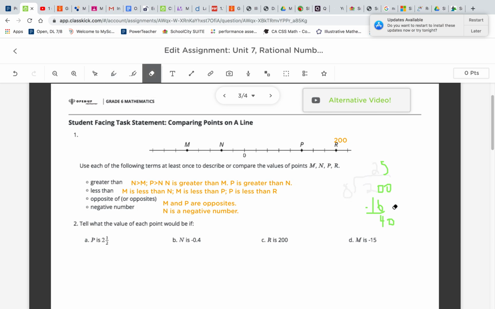So we keep that in mind. If each one's worth 25, we're counting by 25. So let's go ahead and do that. So this is 200. This is going to be 25 fewer. It's going to be 175, 150. This has to be 125. Okay, and then from 0, it's going to be easier just to start from there. We know that each tick mark in this case is worth 25. So this has to be negative 25, and this has to be negative 50. Okay, again, when you're talking about 25s, you can think about them as quarters.